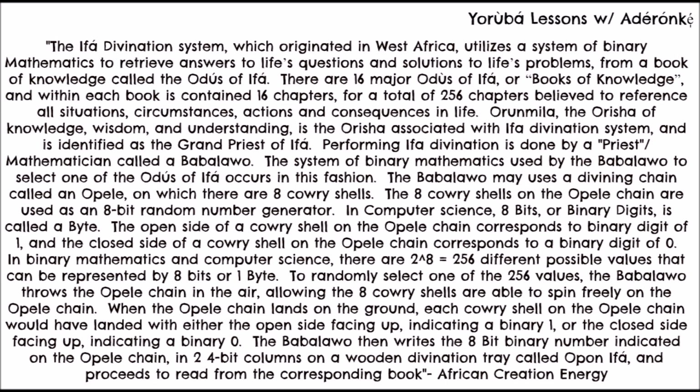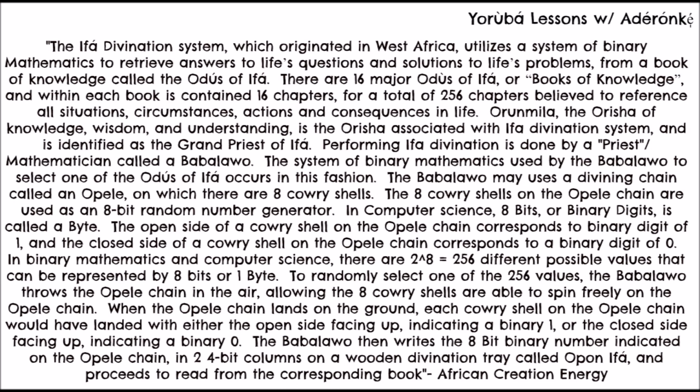To randomly select one of the 256 values, the Babalawo throws the Okpele chain in the air, allowing the 8 cowrie shells to spin freely on the Okpele chain.